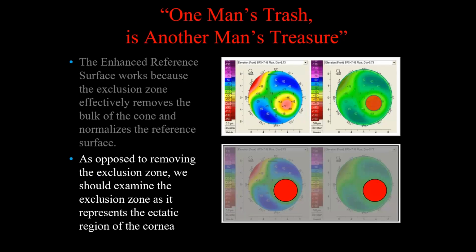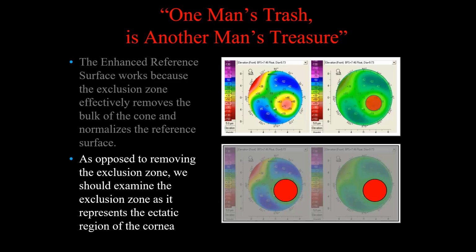So what we did, and now you'll understand why I started off with the BAD display, is this. We know the BAD display, which we show up here in schematic, uses an enhanced reference surface that takes the 8mm zone but excludes a 3 to 4mm zone.